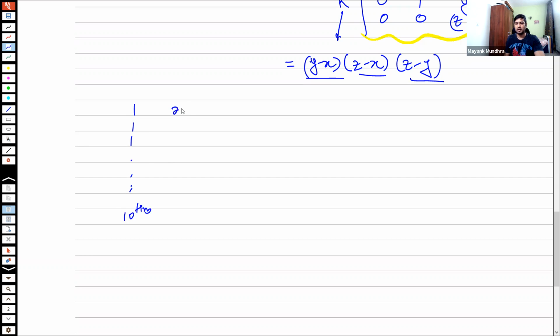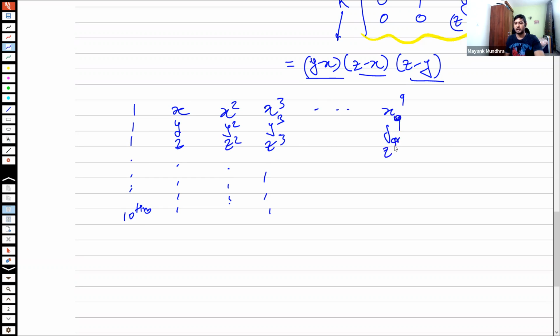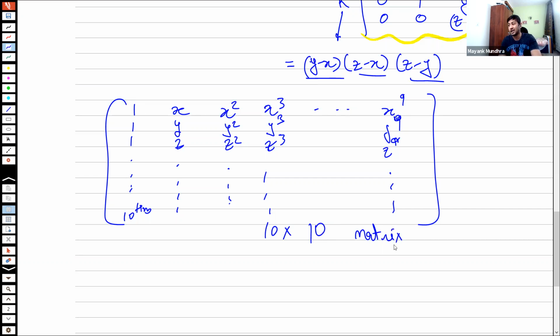Then x y z 10 times, x square y square z square 10 times, and so on. So x cube, y cube, z cube, and this goes on till x to power 9, y to power 9, z to power 9. So if this is a 10x10 matrix, then obviously I can't do it.